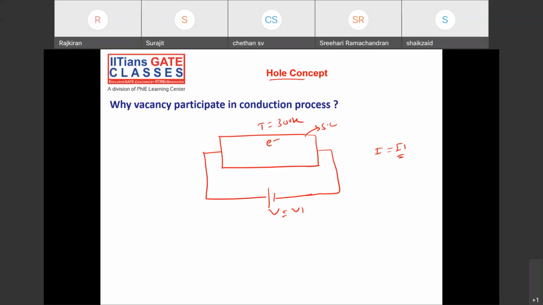Then you measure the current I2 with a multimeter, and you will see that I2 is more than the estimated I1, because of the electron concentration.